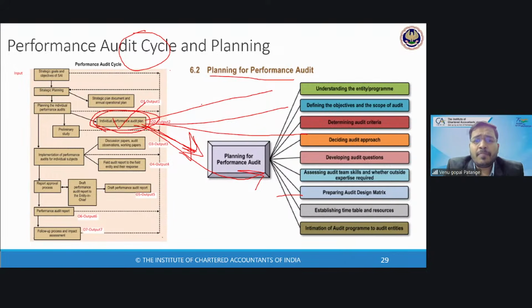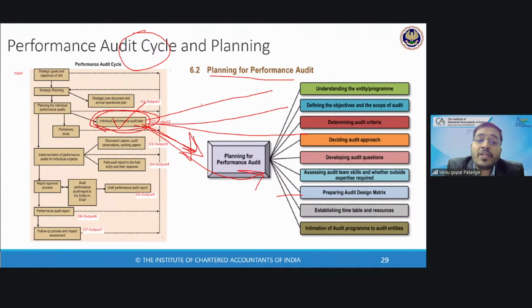These 9 steps have details again. First is your understanding of the entity and program. How do I know what I am doing in this entity? First, I should collect the documents, legislative documents. Under which Act is this PSU incorporated? Let us say the power sector, or the telecom sector, where you have TRAI, the Telecom Regulatory Authority of India.